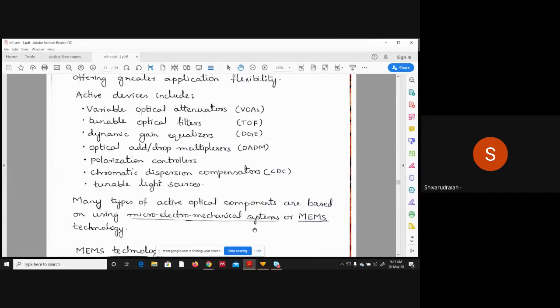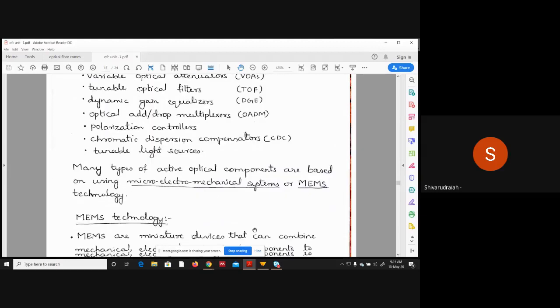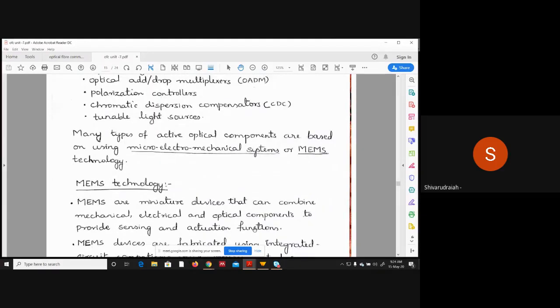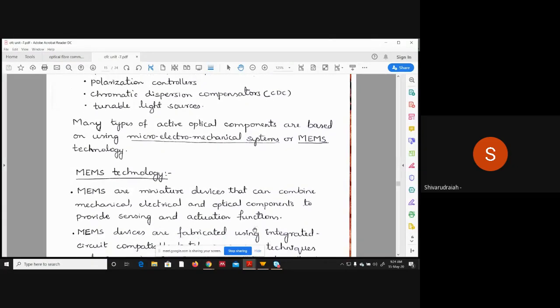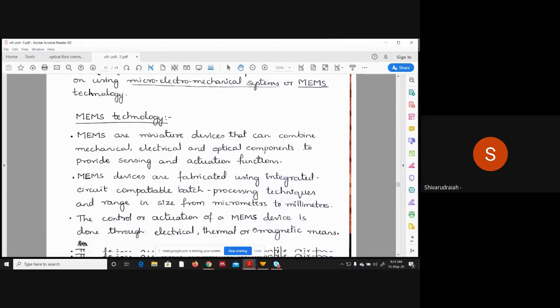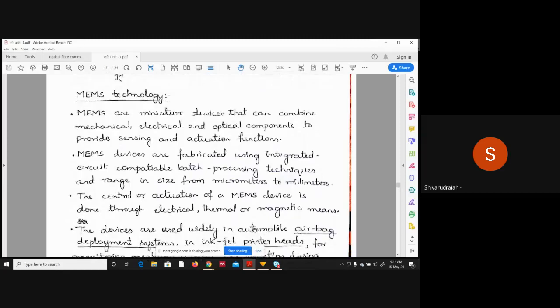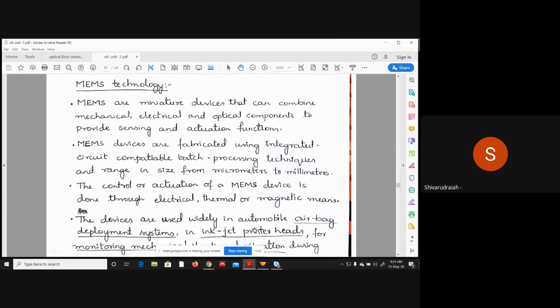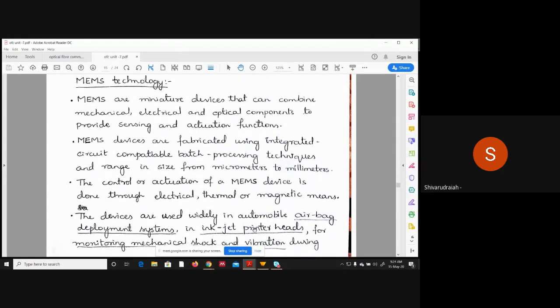MEMS is a technology, but this technology can be adopted in order to design our optical passive and active devices. So the technology is being adapted in order to design the optical components. Let me explain the concept of MEMS technology, which is being used in our passive and active optical devices.